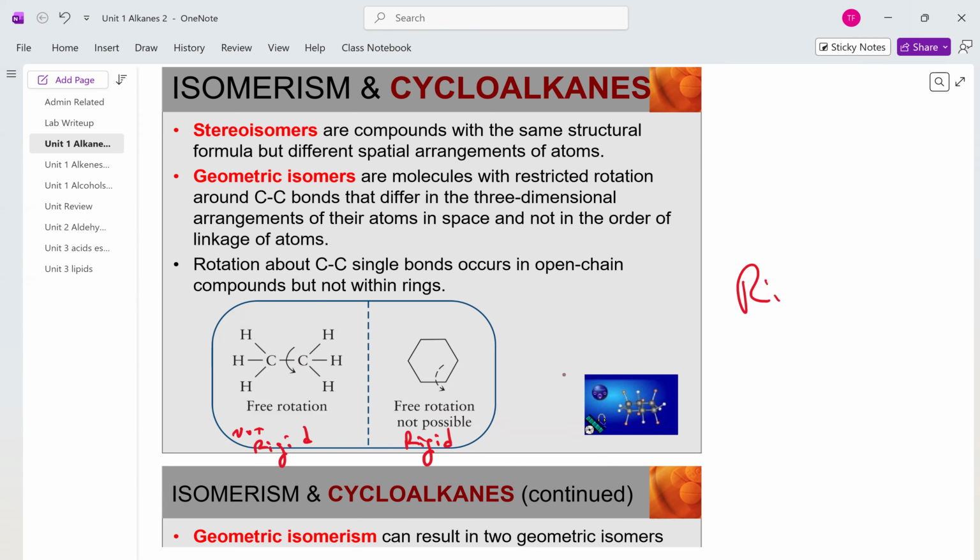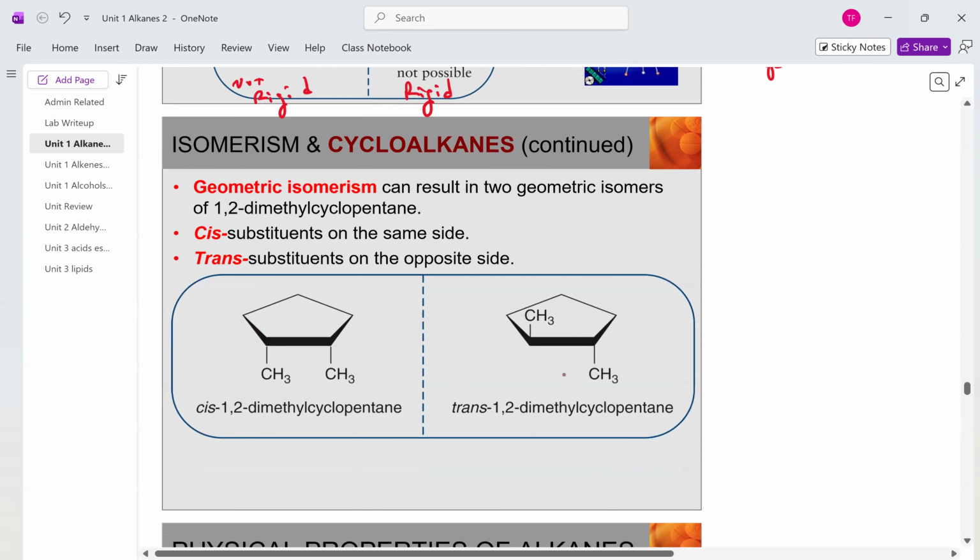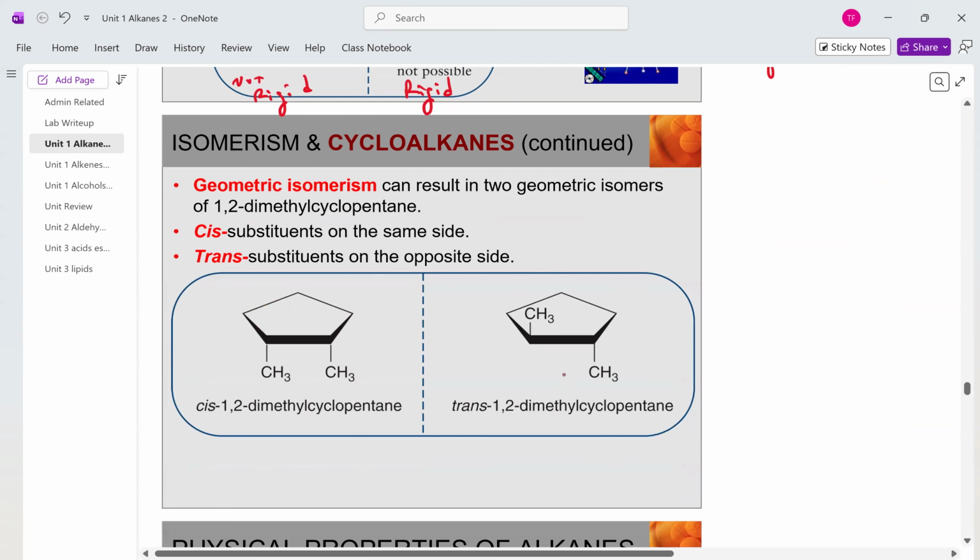If it's rigid, isomers are possible. Okay, so what are those isomers going to look like? We can have 1,2-dimethyl cyclopentane and 1,2-dimethyl cyclopentane. What's different about them? It's the orientation of the two methyl groups.